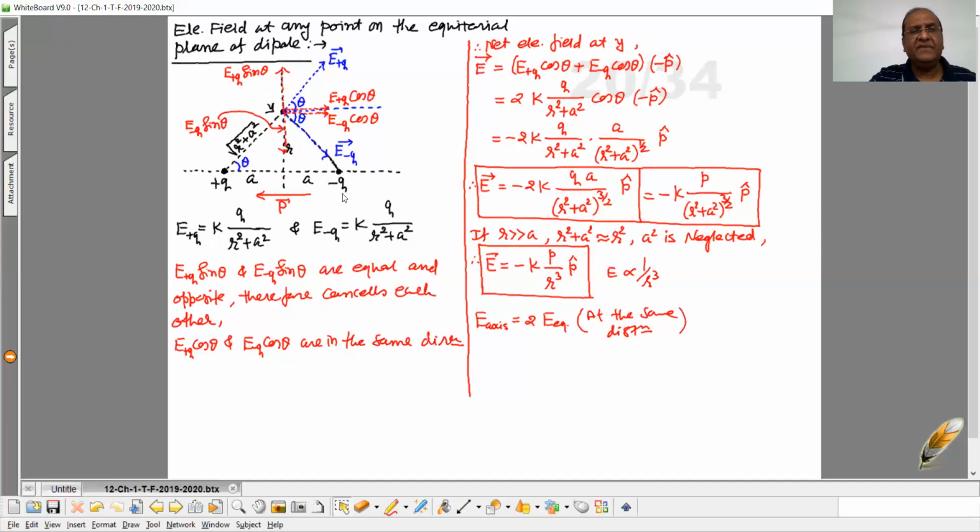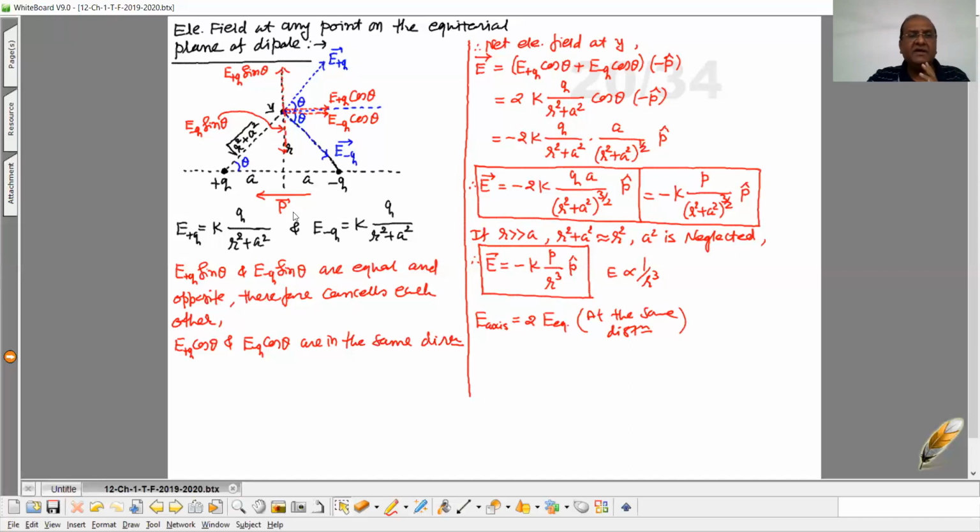But see here, the direction of E plus q is outward, that is in the direction from plus q to y. But due to negative charge, it is towards the charge, so that is from y to minus q. So E plus q and E minus q will be in the directions as shown in the figure.